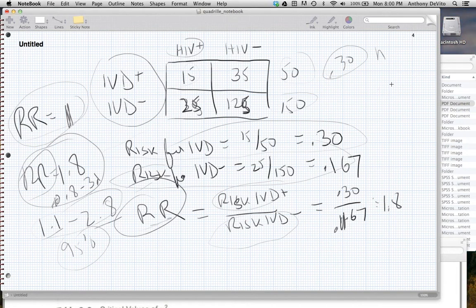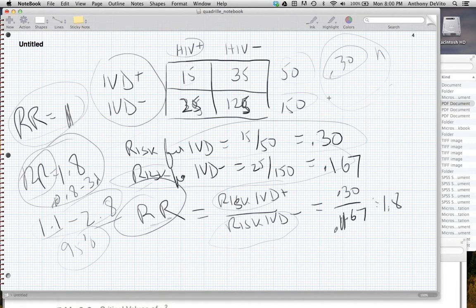You have another proportion and a sample size. You basically have two proportions. You can figure out the confidence intervals for each one of these things, right? But we're not going to do that. We're going to leave that up to SPSS to calculate the confidence interval for us.